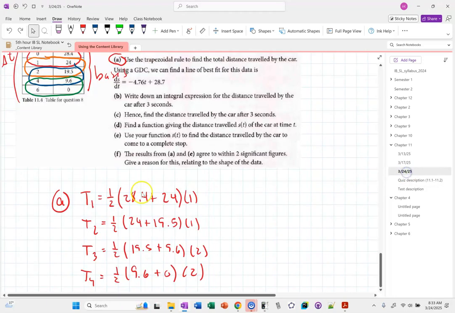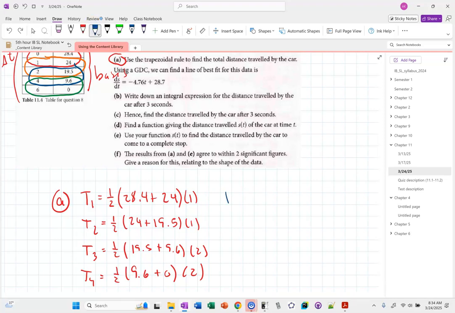Okay, now write down the integral expression for the car. Sure. And the ds dt is just given to me in the previous part. Sure.